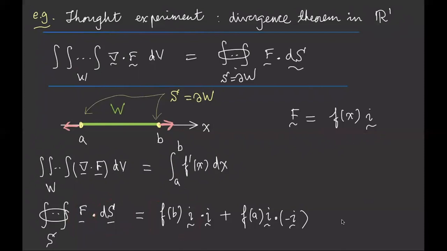But what about my dS? So dS has to consist of an outward pointing normal, and that's why I've drawn this outward pointing normal in pink in this direction. It has to be pointing out of W, so that's in the direction of positive i. So I claim that dS is equal to positive i at this point. There are some subtleties over here, because when you talk about this vector dS, there's a certain magnitude to this in addition to the direction, and that magnitude in this case relates to the size of your surface element, whatever that means.